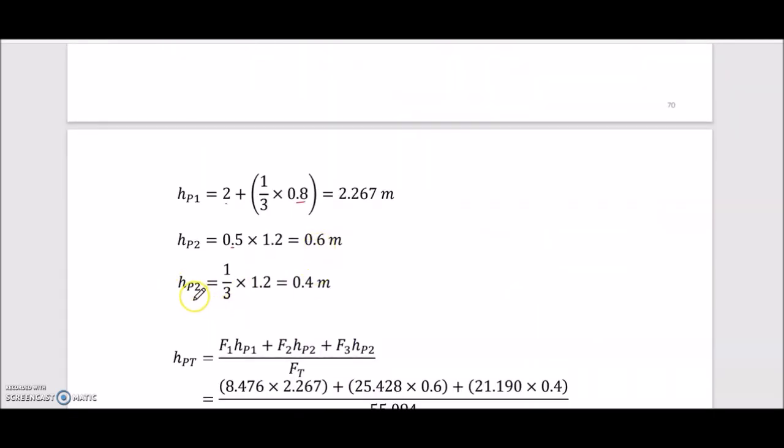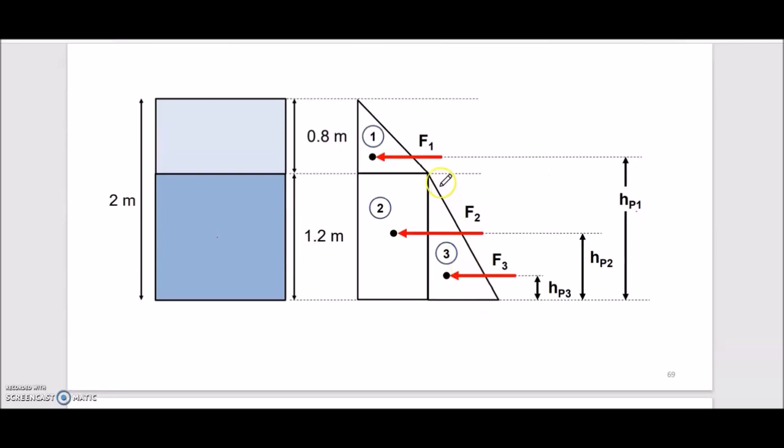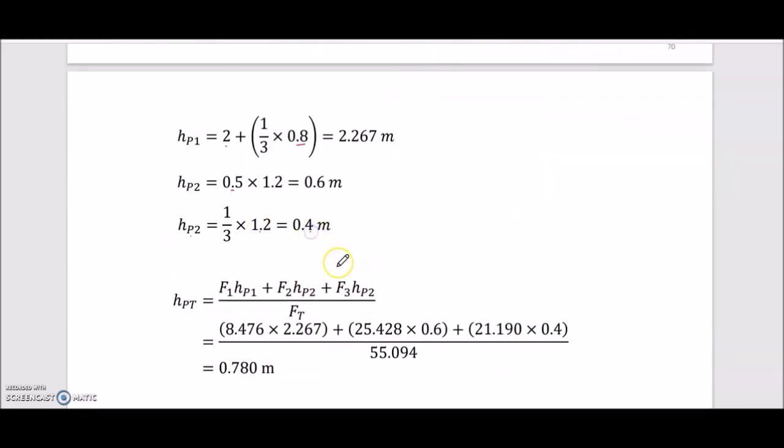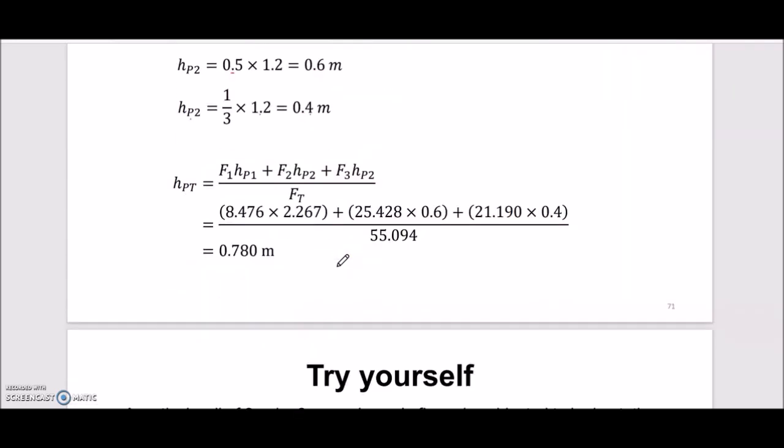And for HP3, it is 1/3 from the bottom to this point, times 1.2, so you get 0.4 meter.